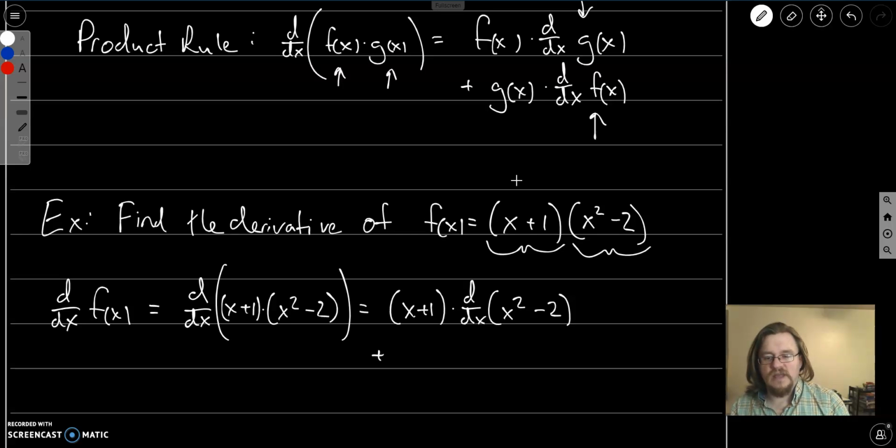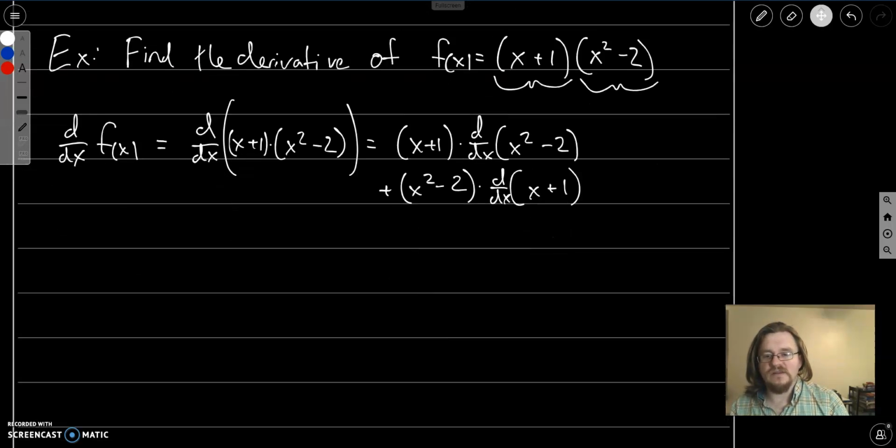And then what I'll do is I'll add the second guy times the derivative of the first. So I have the first function times the derivative of the second, plus the second times the derivative of the first. Now we can start to simplify.